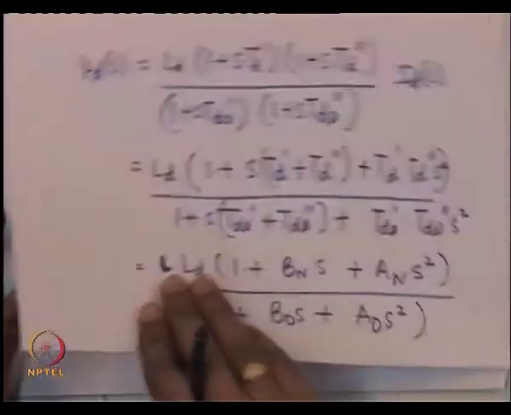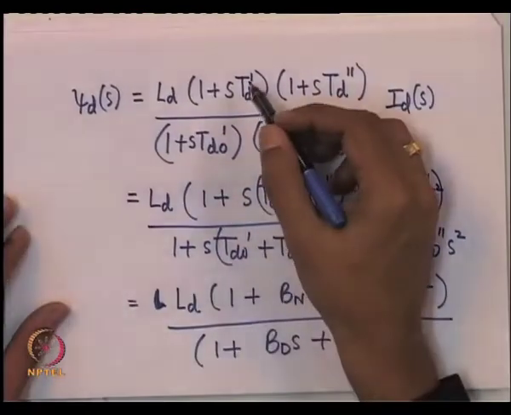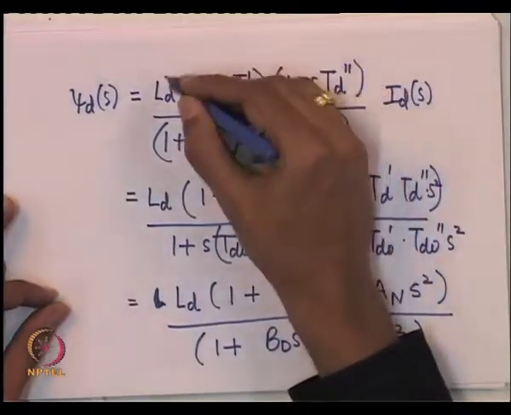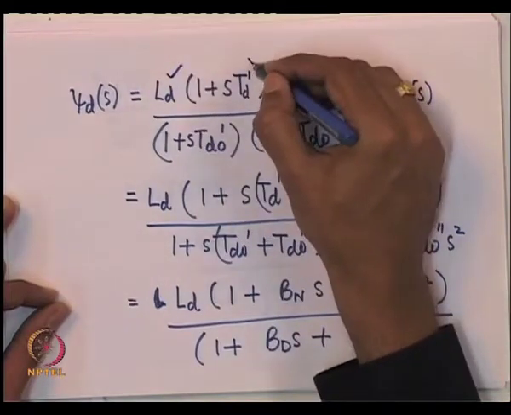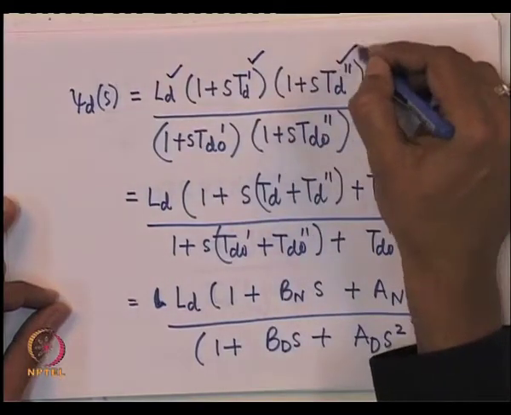Okay. So, depending on what experimental data we get, we will be able to, in most practical generators, fit the experimental data to the theoretical transfer functions. Okay. So, what we will get after doing all these measurements is the parameter values L D, T D dash, T D double dash by fitting it.